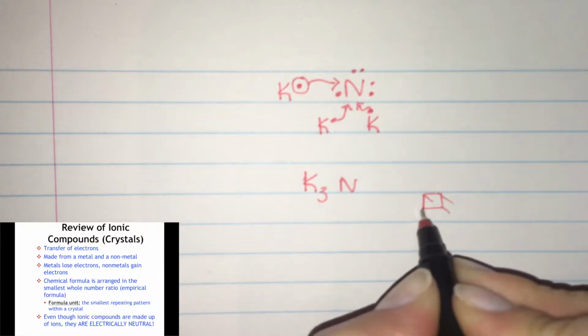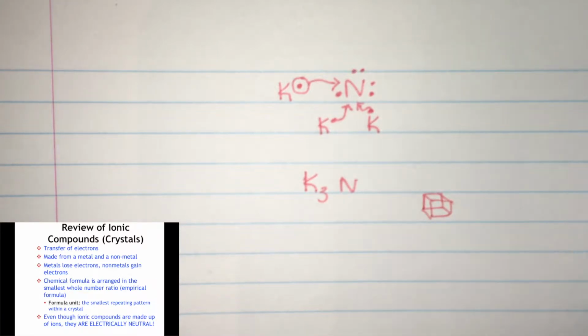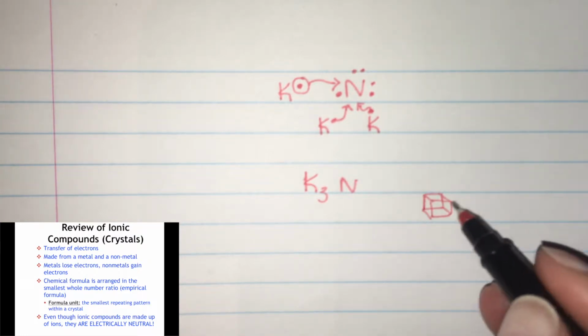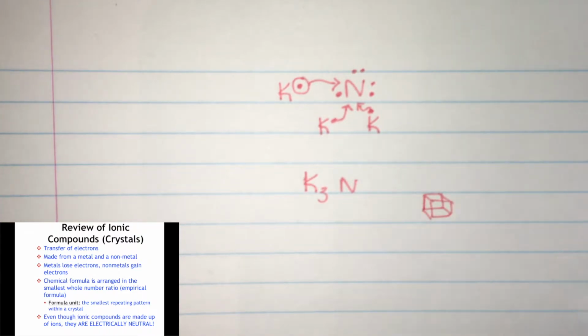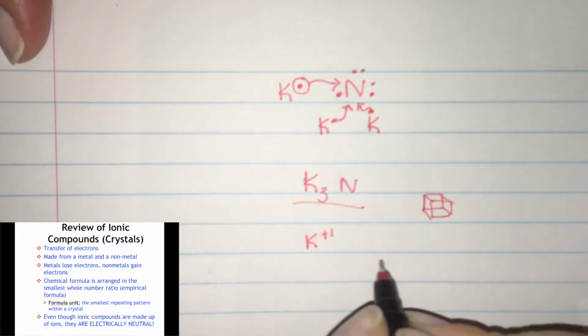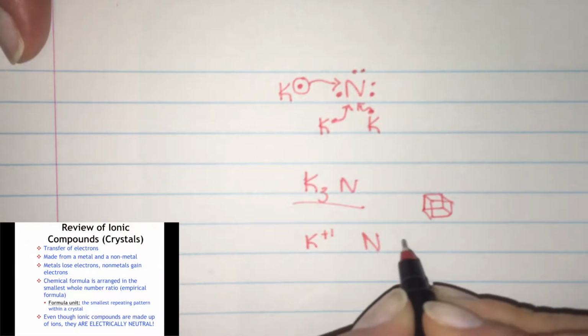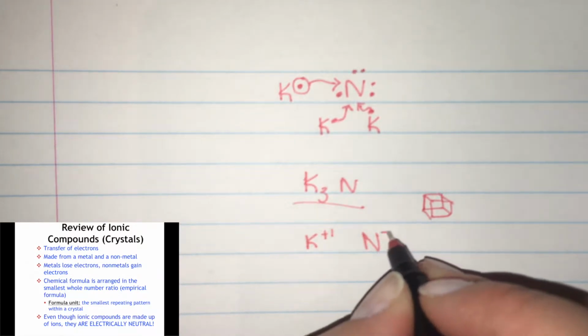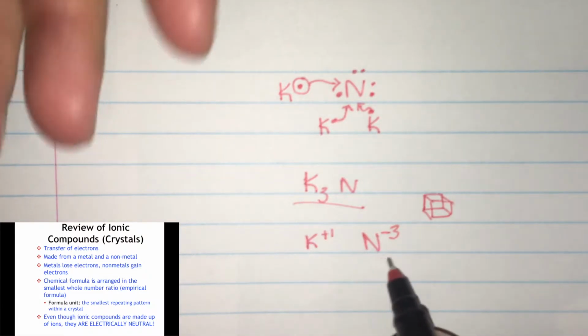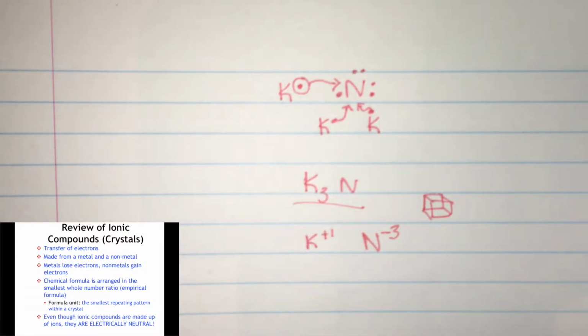They form a very certain shape, and they repeat over and over again, and that smallest repeating pattern is the formula unit. So even though ionic compounds are made of ions, this is a potassium ion with a +1 charge, and this is a nitrogen ion with a -3 charge, together, K3N, it would be neutral.